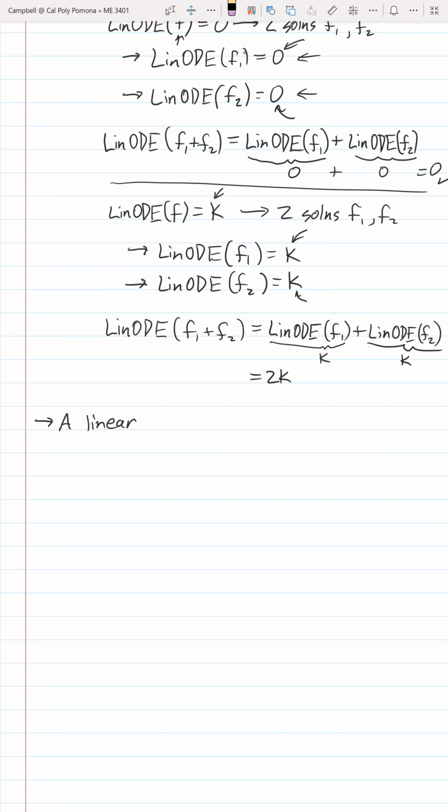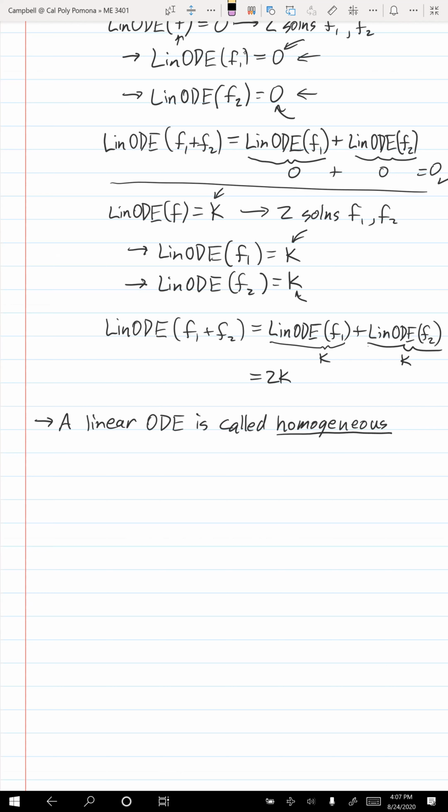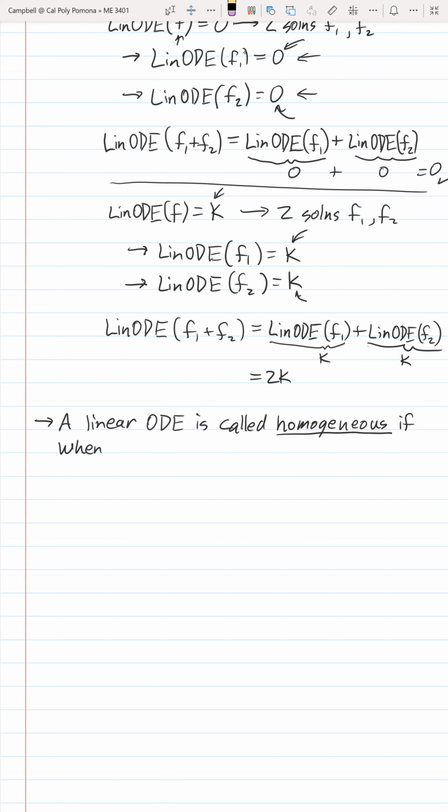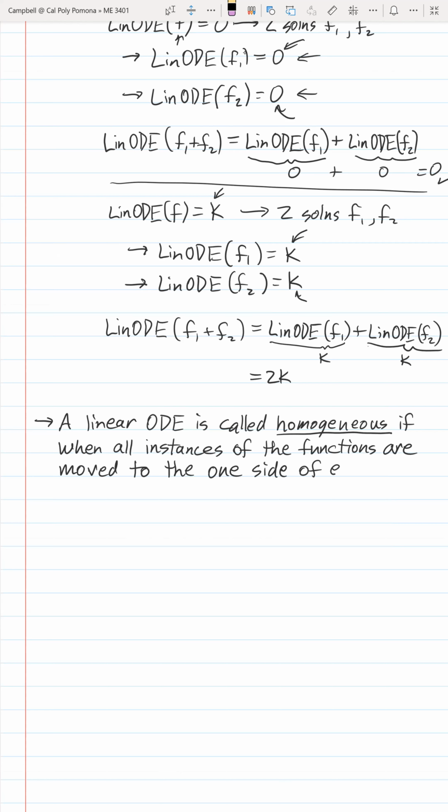So a linear ODE is called homogeneous if, when all instances of the functions are moved to one side of the equation, the other side is zero.